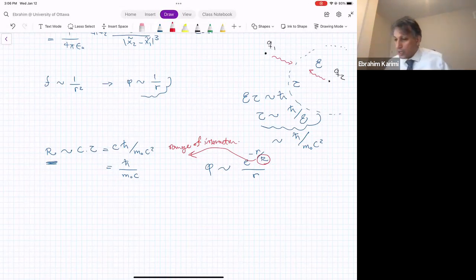Okay, so however, for electrostatic, we know very well that this R goes to infinity because the rest mass of the photon is essentially 0. Then this potential will be 1 divided by r, which means that it has a long range of interaction. Okay.